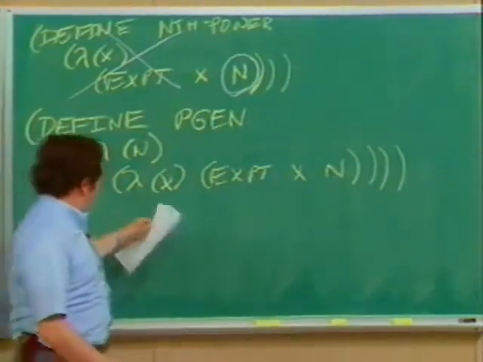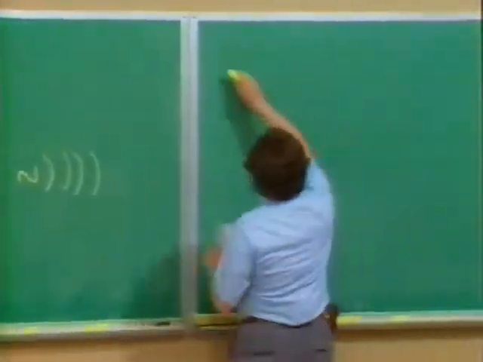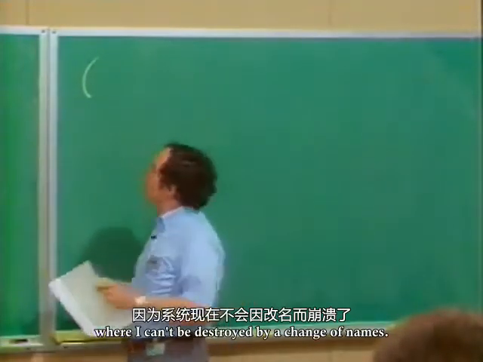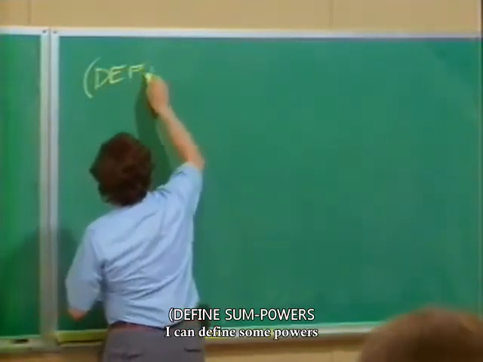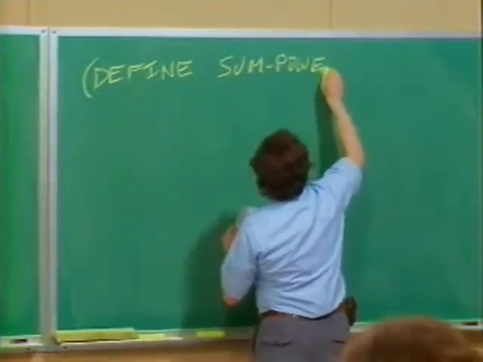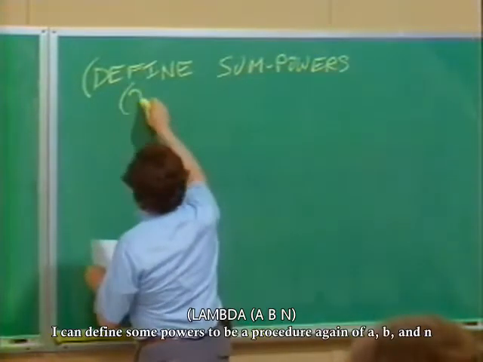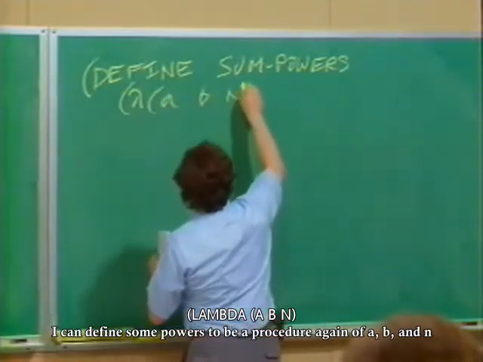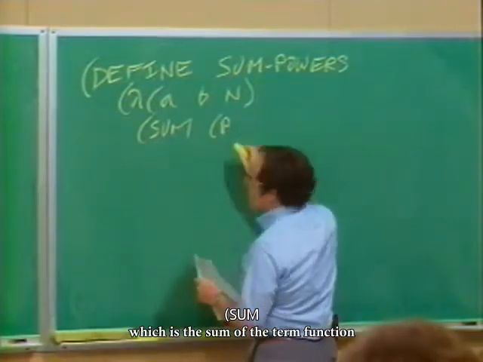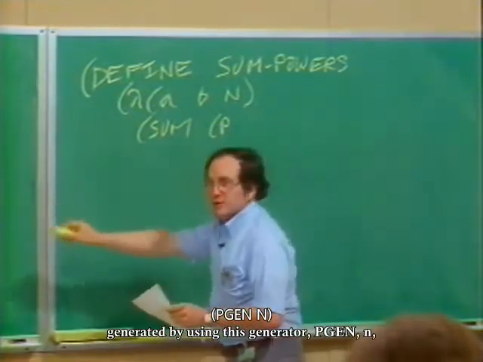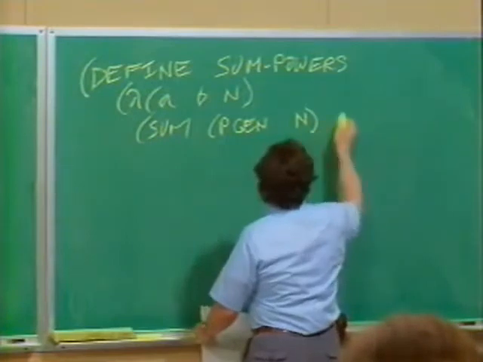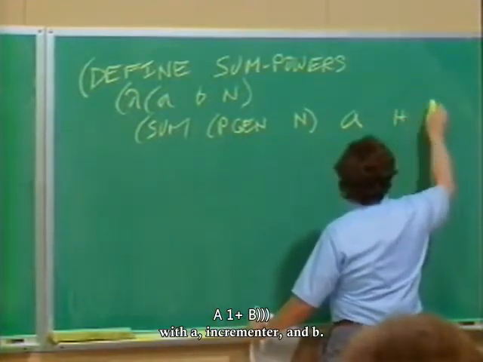Given that I have that, then I can capture the abstraction I wanted even better, because it's now encapsulated in a way where I can't be destroyed by a change of names. I can define sum powers to be a procedure, again, of a, b, and n, which is the sum of the term function generated by using this generator, pgen n, okay, with a, the incrementer, and b.